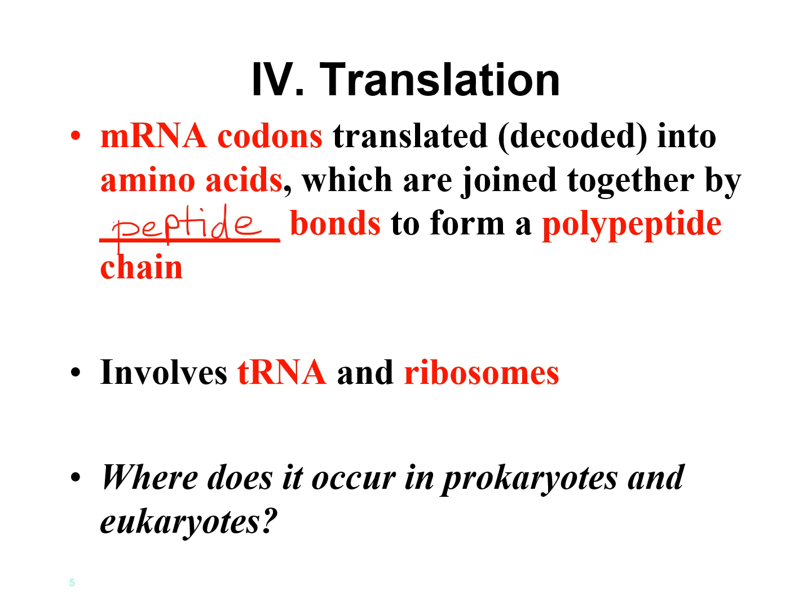And translation involves transfer RNA, which is going to bring the amino acid in to the ribosome. And translation is going to occur in both prokaryotes and eukaryotes in the cytoplasm. So I definitely would know where translation is occurring in prokaryotes and eukaryotes. So everybody is going to do this in the cytoplasm because that's where the ribosomes are located.